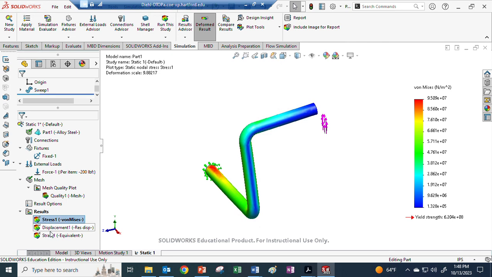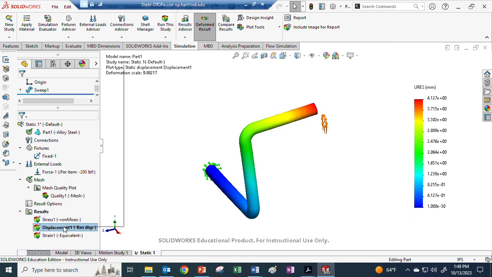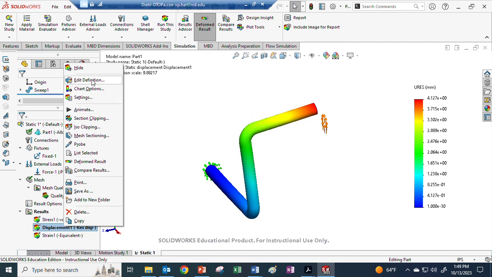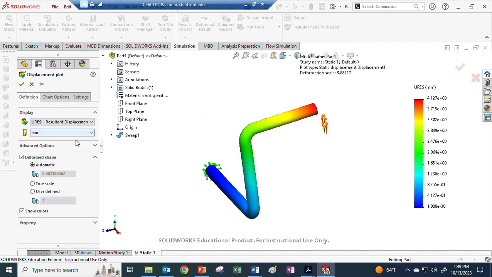Boom. Want to see displacement show, and let's turn the definition. It's in millimeters. Let's turn it into inches. We can also, by the way, change the scale. Right now it's automatically multiplying the deformation that we're seeing by 9.88.